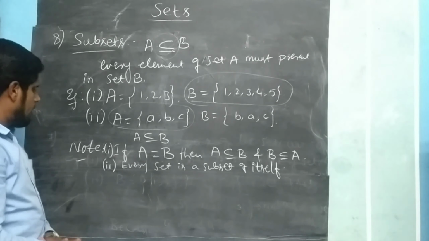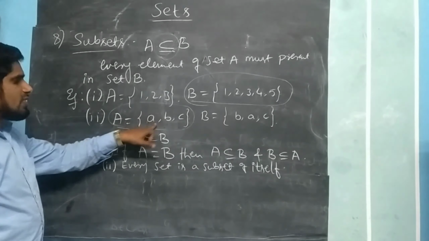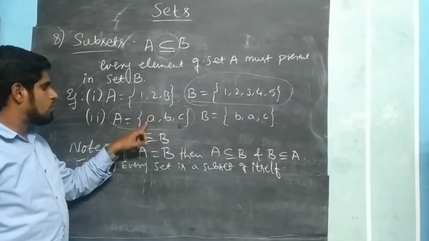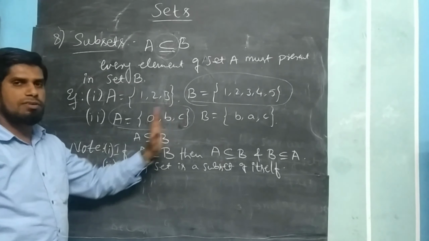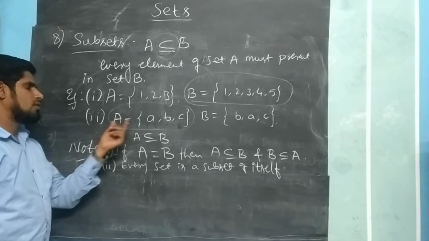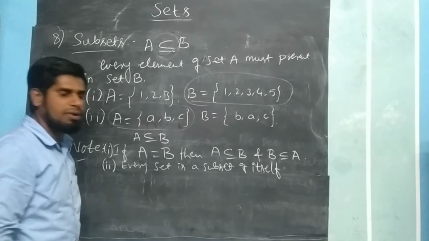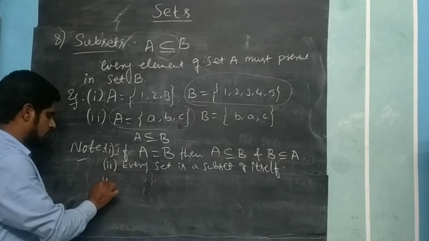Next, one more very important point. If we have a set, to know how many subsets can be formed from a particular set, there is a formula. So we will take it as a note here, third point.